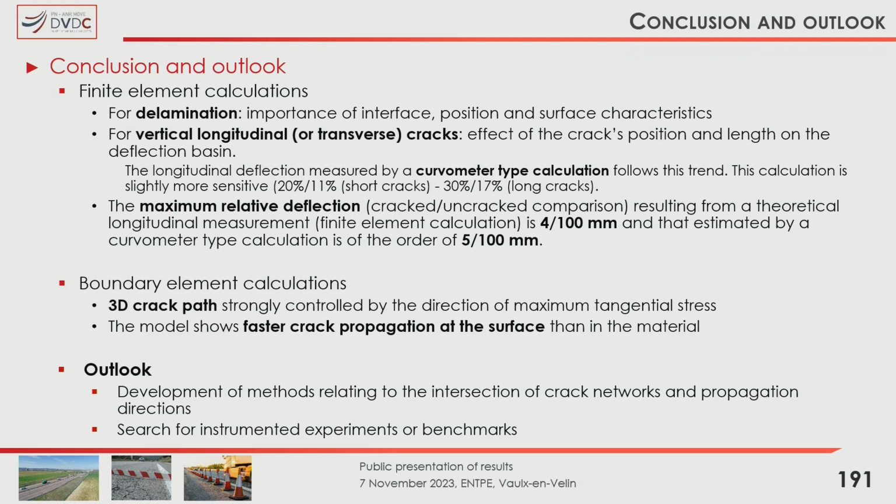The cracks that are vertical, whether longitudinal or transversal, mean that we have maximum deflections of around 1/100ths of a millimeter or slightly more, which can be measured by a curvometer. These maximum deflections, in the cracked and uncracked comparison, mean that this results from a delamination between layers and vertical cracks in a structure.